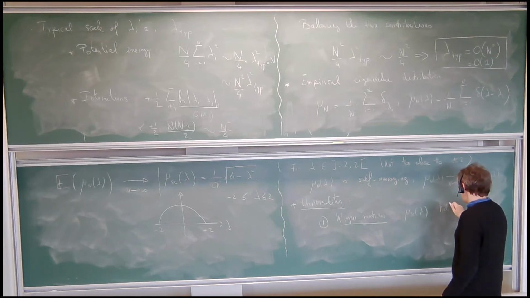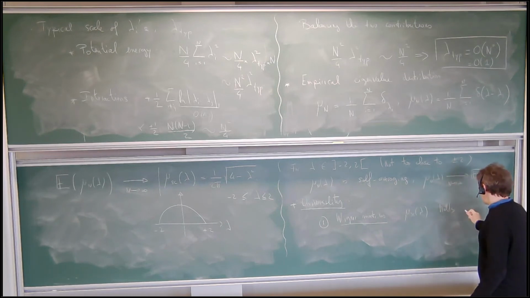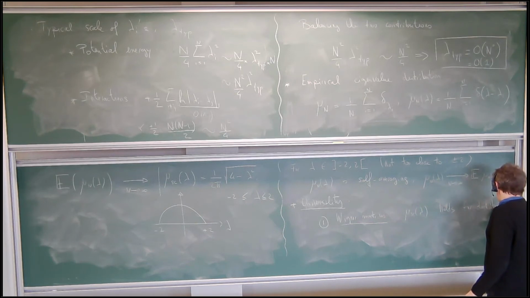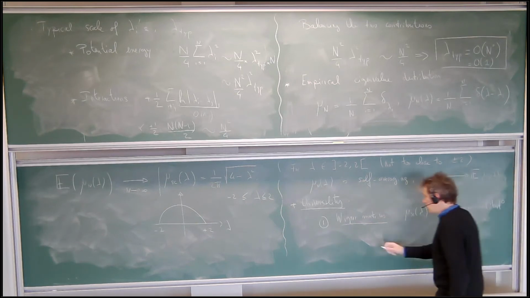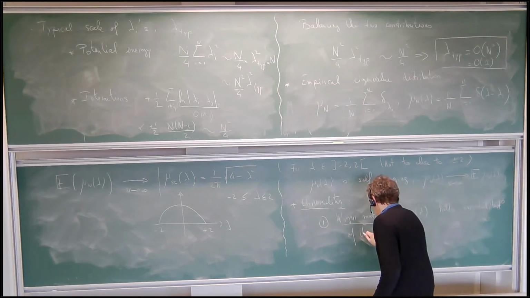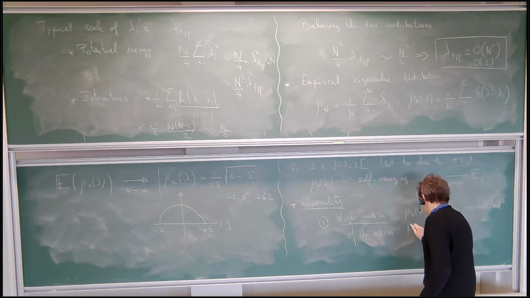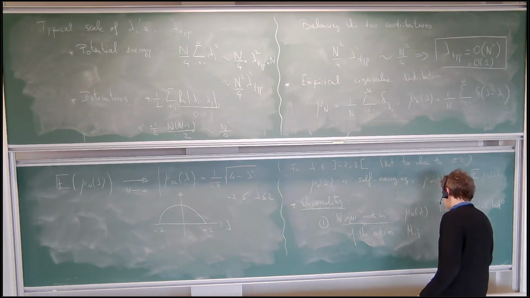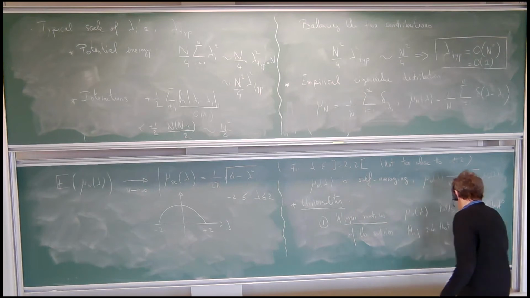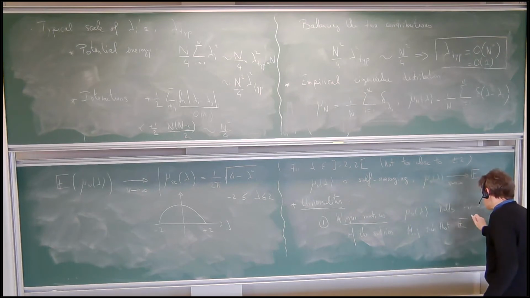So you will get the same density provided for distribution of the entries which have such that basically the first and second moments are well defined.